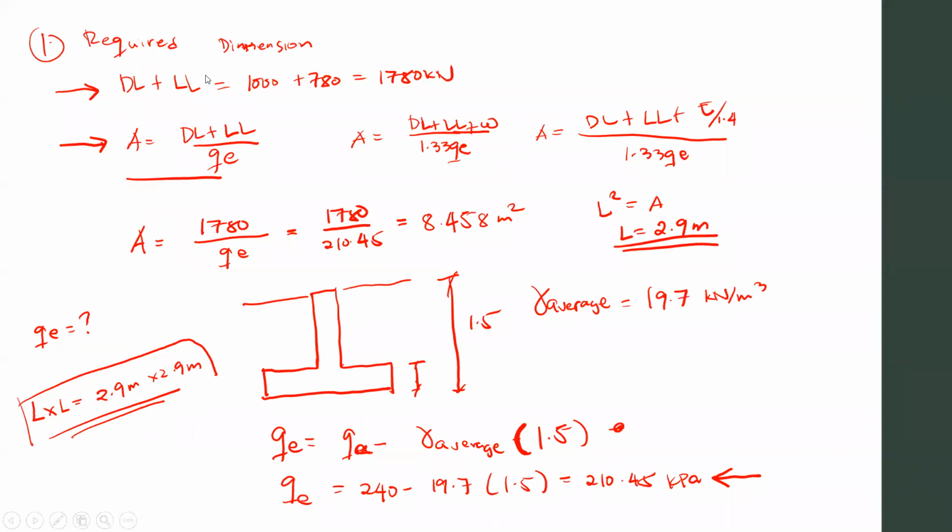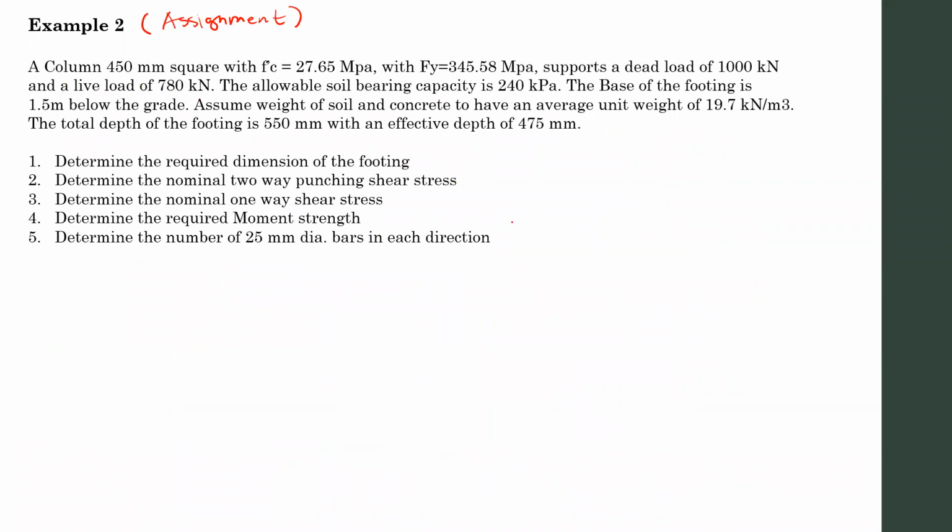Okay. So that is how you solve for the required area. Okay, so sulat ko na lang dito yung answer so you can verify your assignment. So for two-way or punching shear stress, yung actual is 1.64 MPa.